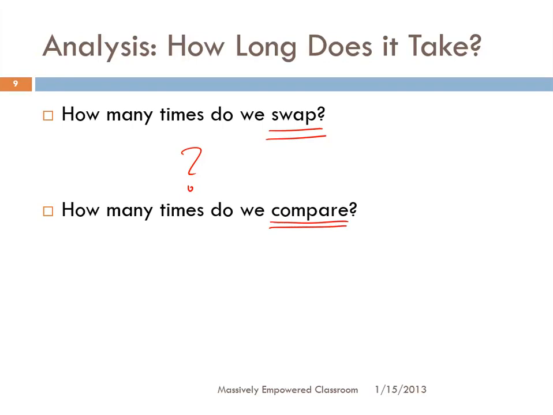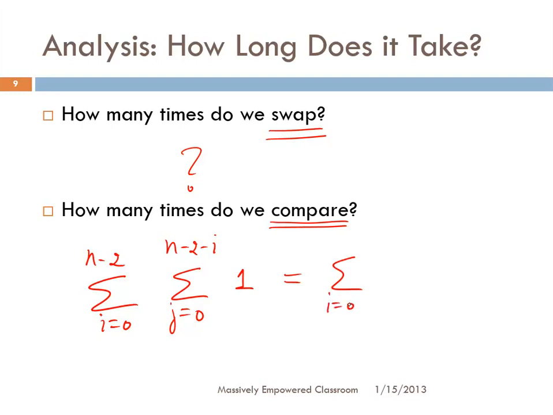So in the outer loop, we go from i equals 0 to n-2. In the inner loop, we go from j equals 0 to n-2 minus i. What do we do each time? We do one comparison. We compare a[j] and a[j+1], right? So if you sum this up, what do you get? Right? So this is nothing but sigma i equals 0 to n-2.